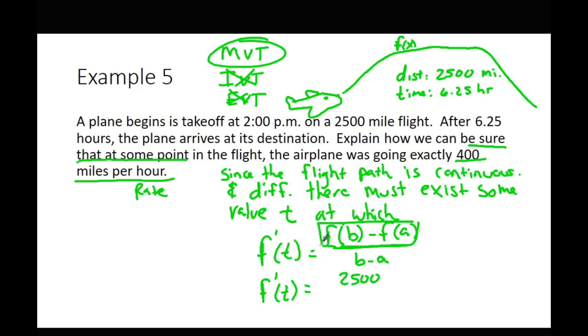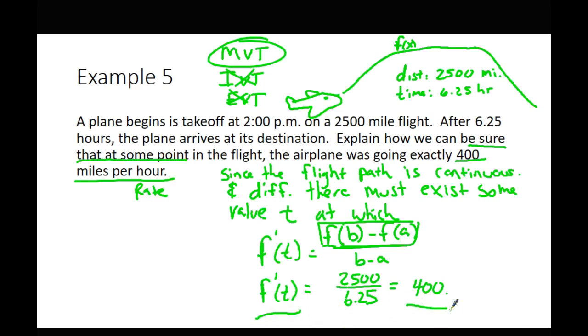And you know that speed is distance over time, right? And the time is 6.25. And guess what that just so happens to equal? 400. So, since the flight path is continuous and differentiable, there must exist some time at which the instantaneous rate of change is exactly 400 miles per hour.